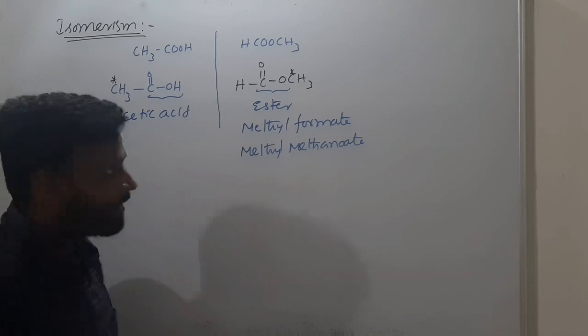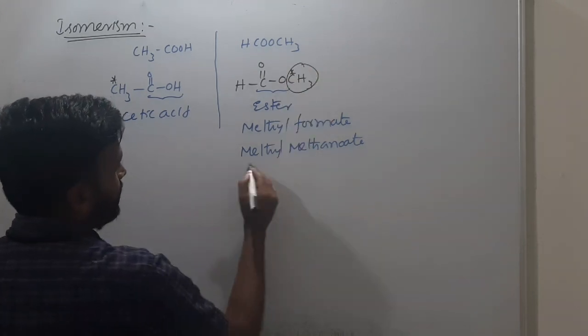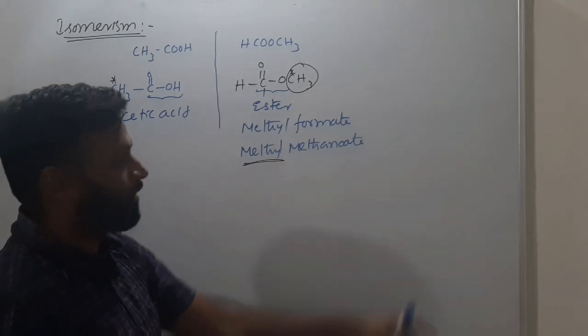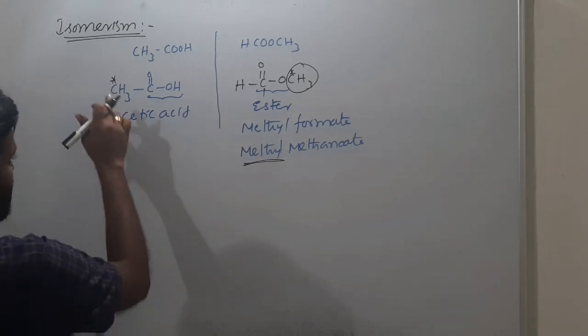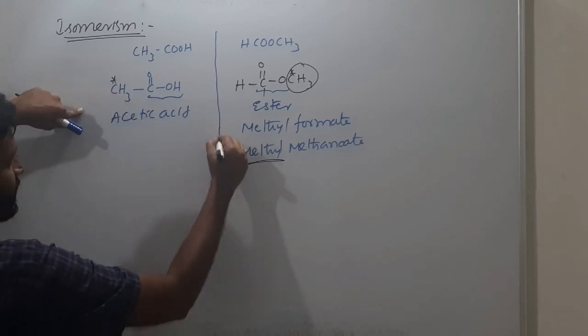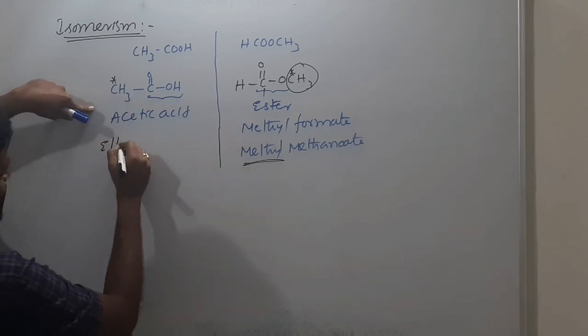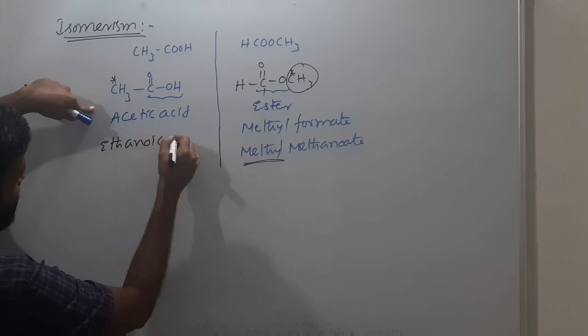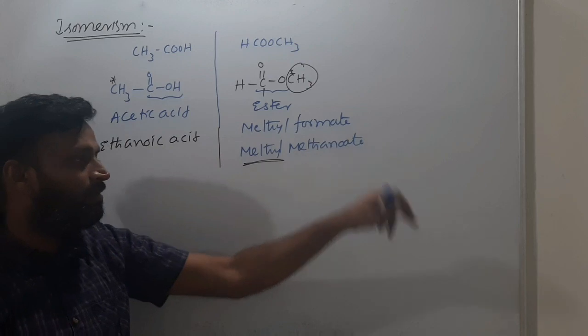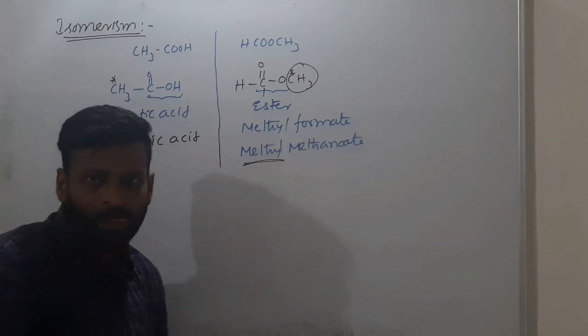Why methanoate? One carbon only you have. So methyl methanoate. This is ethanoic acid, acetic acid. So why did I give this difference? Ethanoic acid versus methyl methanoate, that is the difference.